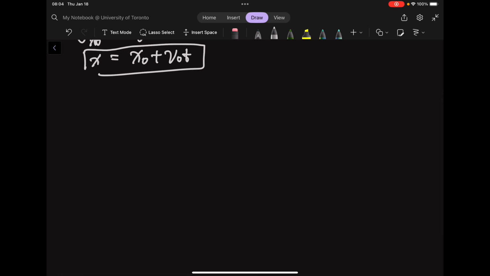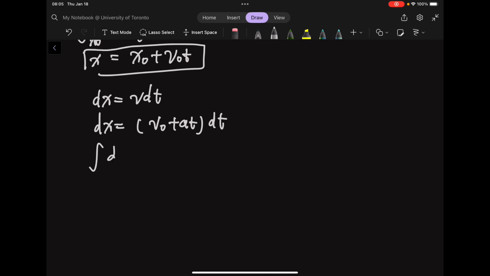So let's do that again. From dx equal to v dt, we already know that v is equal to v initial plus at.